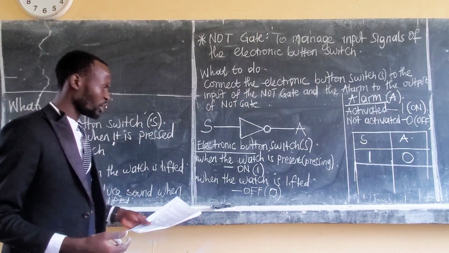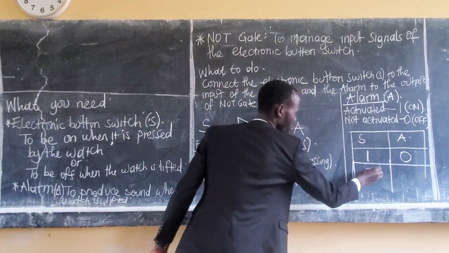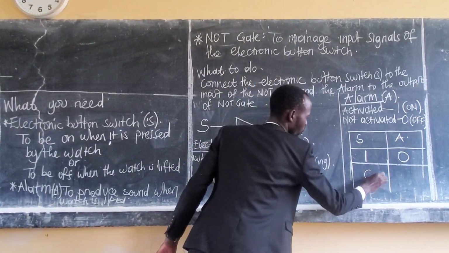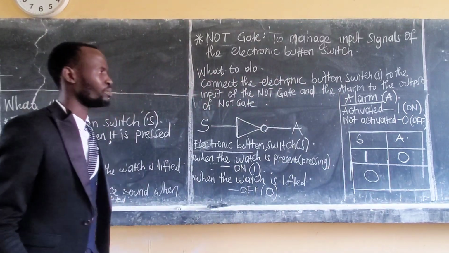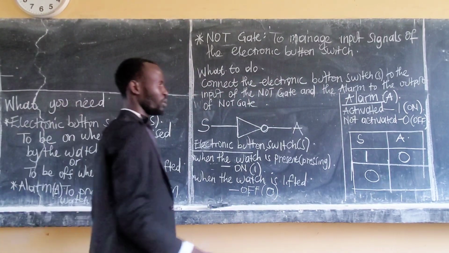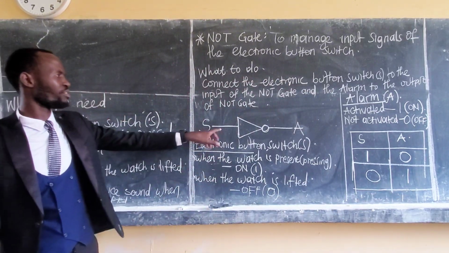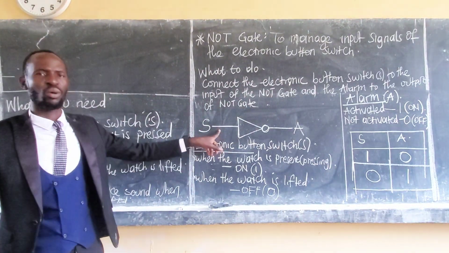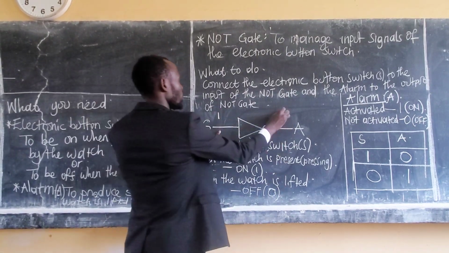Now, what if the watch is lifted and that is a 0? When the watch is lifted, the switch goes off. What really happens to the alarm? The alarm is activated and it's a 1. Why? It is simply because the gate we have is a NOT gate. When I have a 1 as input, the output will be a 0.